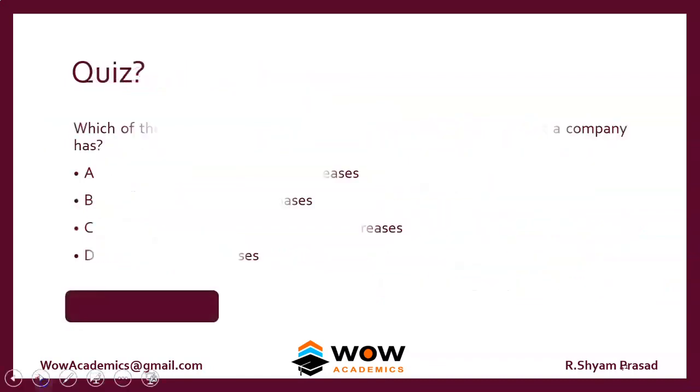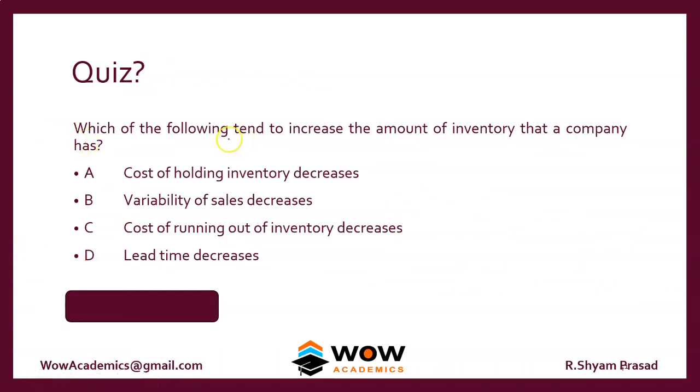So we'll have a quiz. Which of the following tend to increase the amount of inventory that a company has? Cost of holding inventory decreases. If the cost of holding decreases, will we increase the amount of inventory? Yes. So we'll have an example.